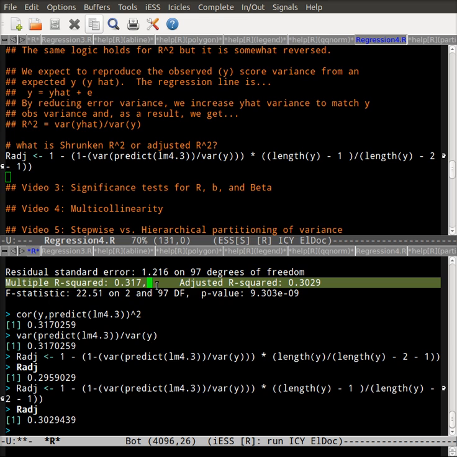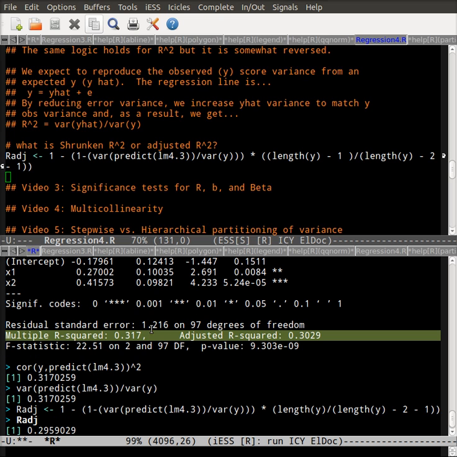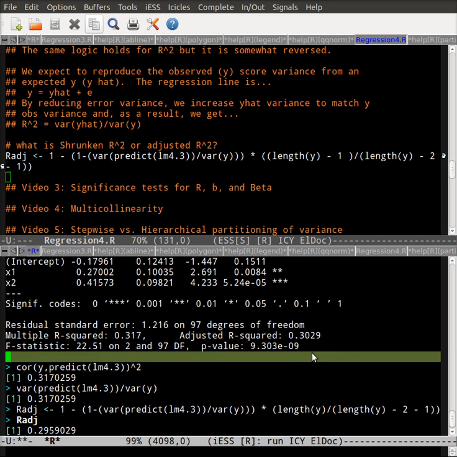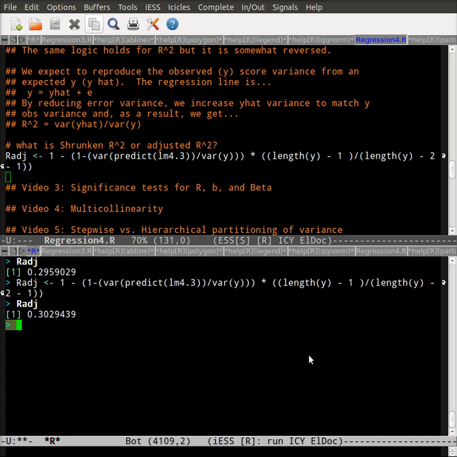For my 2 predictor model with 100 observations, the multiple r squared is 0.32 and the adjusted r squared is 0.30. They're pretty similar. Larger sample sizes pretty much take out any influence that the number of predictors will have on our model, and so we will have a convergence between r squared and adjusted r squared.